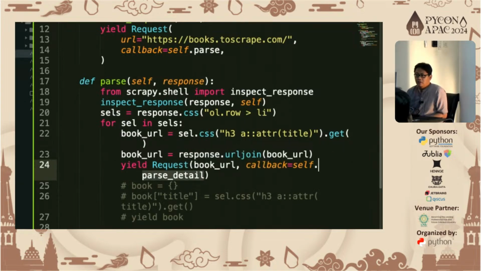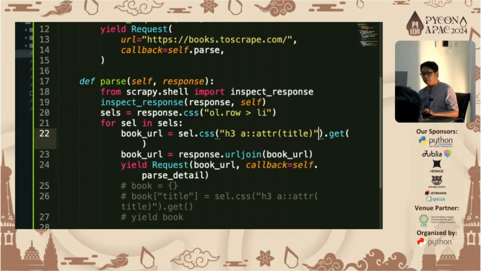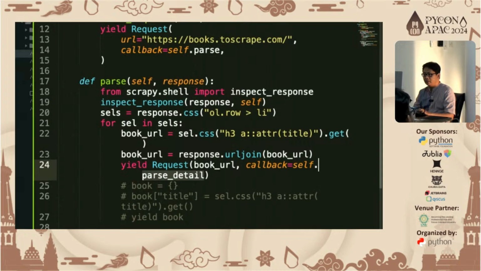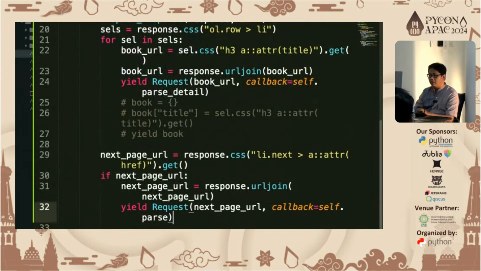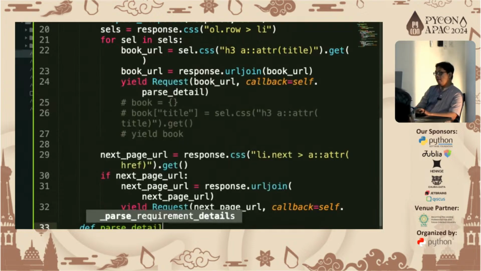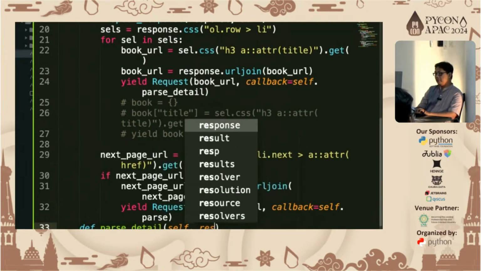So we get the URL to the detail page of the book, and then we will request it. And when we receive the response of the detail page, we will process it with a callback named parse_detail that we have not created yet. So let's create the method.